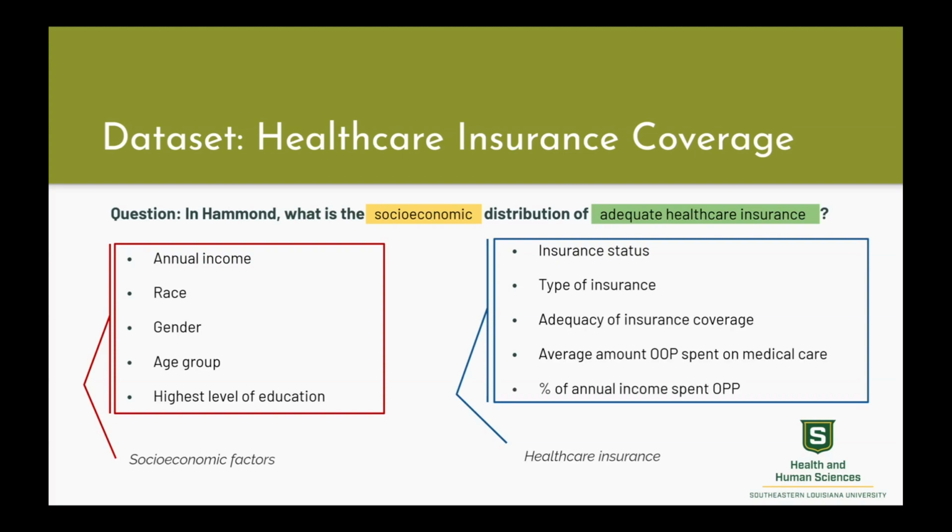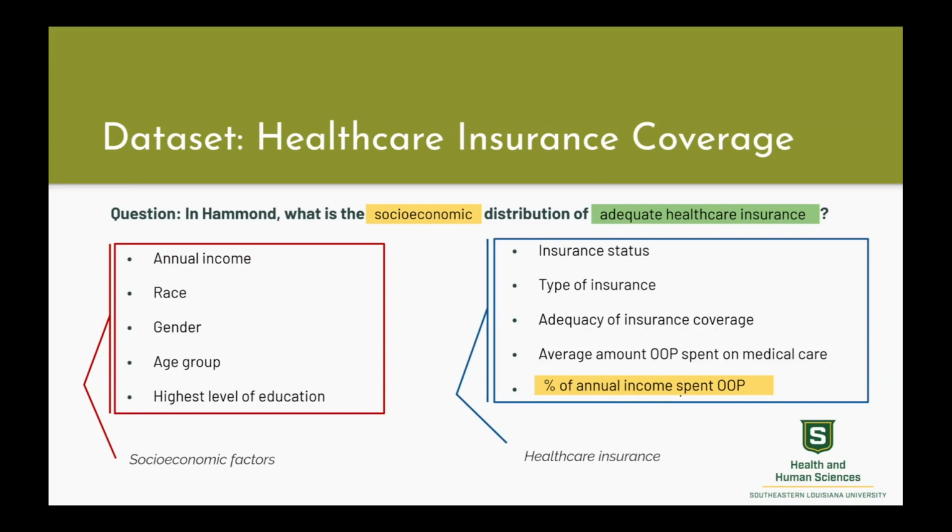And then lastly, we're going to collect information for a percentage of annual income that is spent out of pocket. This variable will be calculated rather than collected. If you're wondering why calculate it instead of collecting it, imagine you're going out in the field and actually asking people for this information.